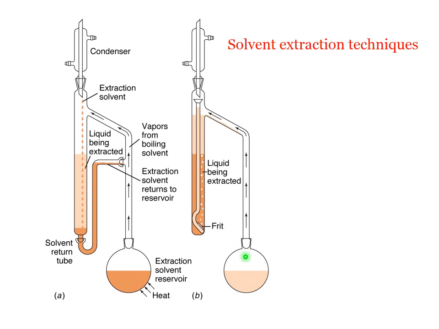In case of a solvent that is lighter than water, this will be water, the heavier phase, and my solvent will drop through the frit, go along this volume and come back to my reservoir. As a result, it will be continuous extraction of my analyte from one phase into another.